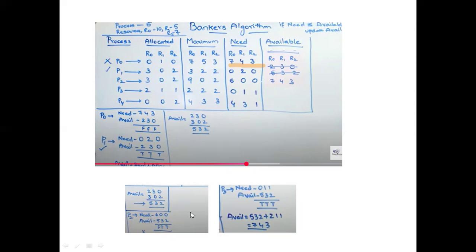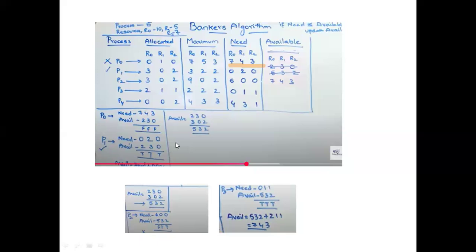The need is 211 and available is 532. Once added, it becomes 743. So after P2, P3 gets the chance and P2 is also executed. The available value is updated as 743 here.